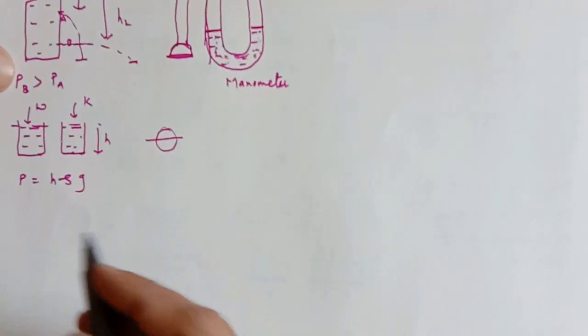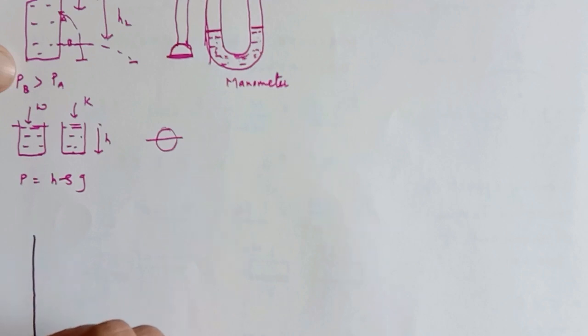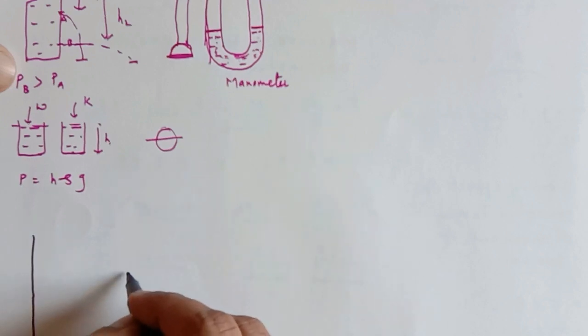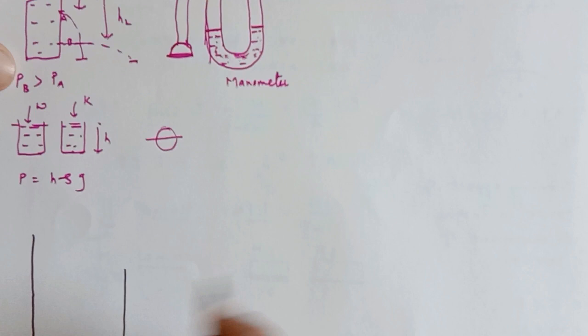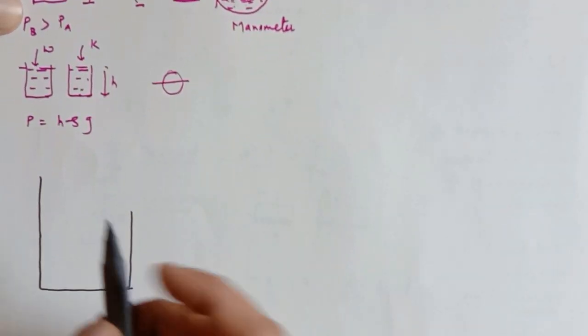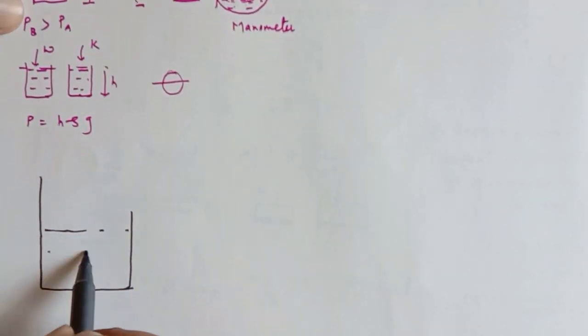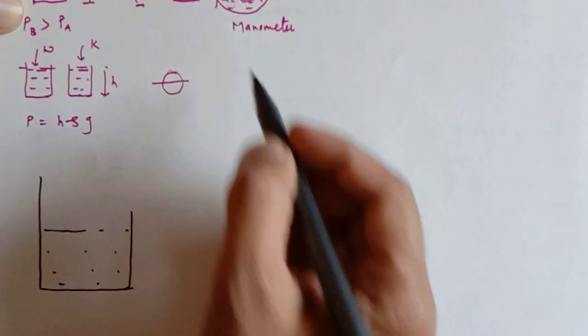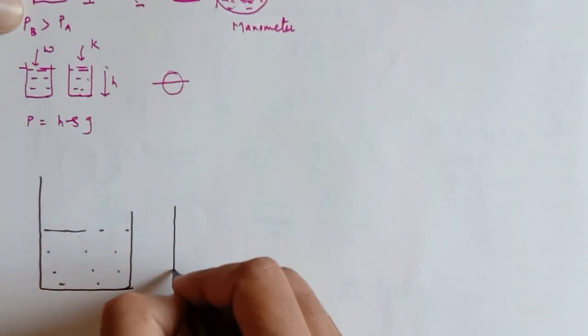So suppose you have a vessel like this and the liquid is filled till here, correct? This is your U-shaped manometer.